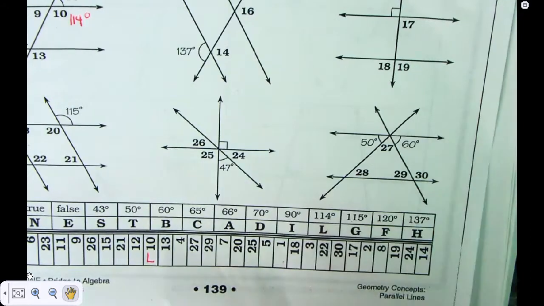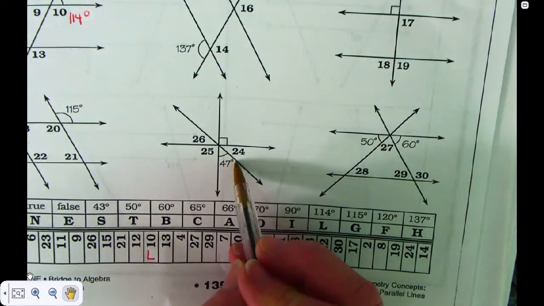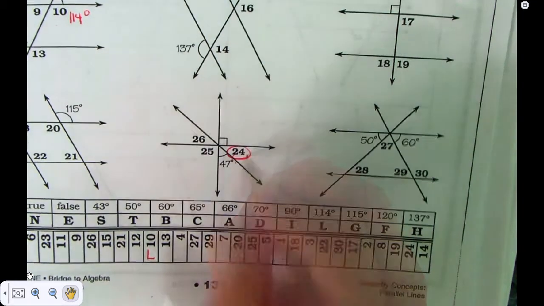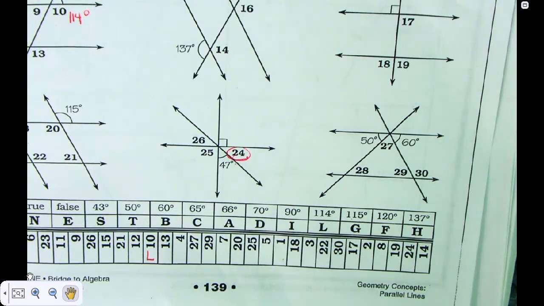Okay, everybody find number 24, angle 24. Raise your hand when you know what 24's measure is. The measure of angle 24, right here. 24 in the middle on the bottom row. Raise your hand when you know the angle measure.